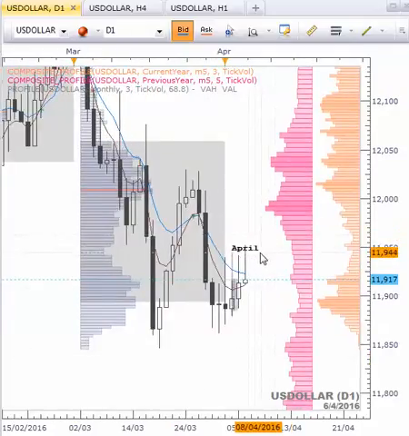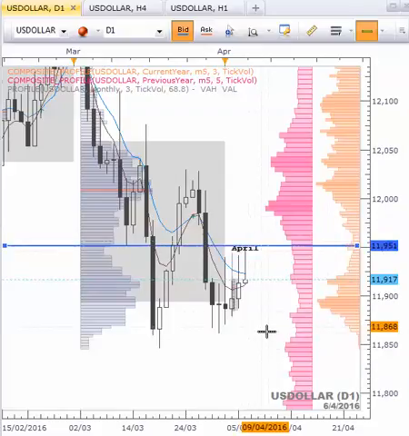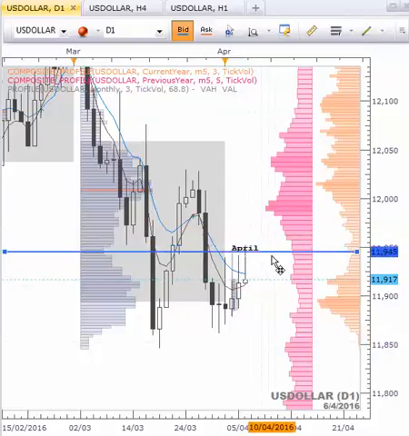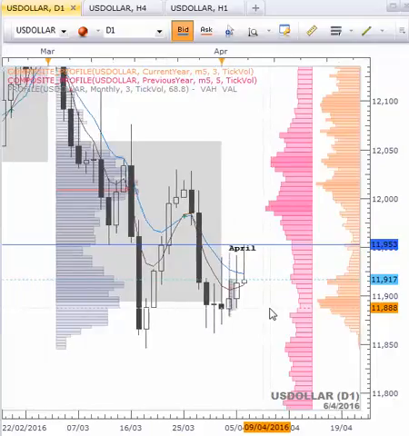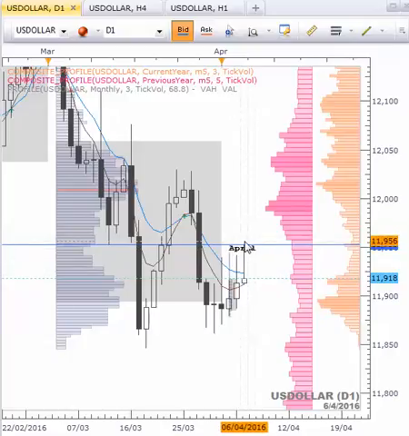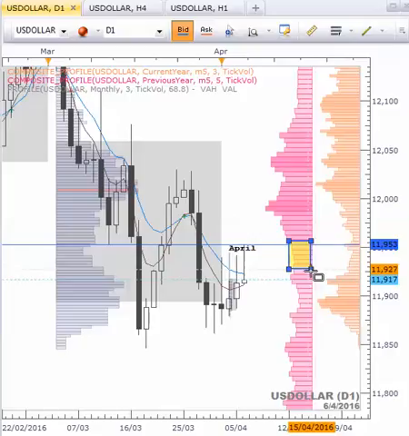So has the high been set for today at 11,951? I don't know. Has the low been set for today? I don't know. This high, how can I qualify? Well, it's come right up to this. I could put in a volume profile right there.